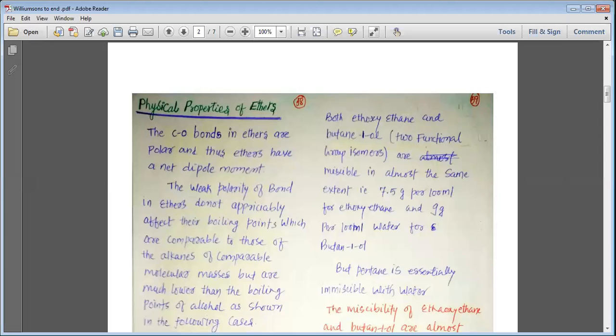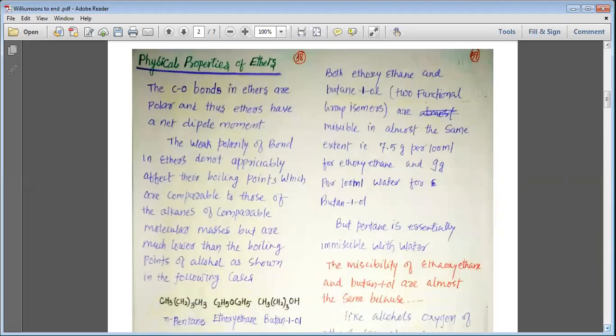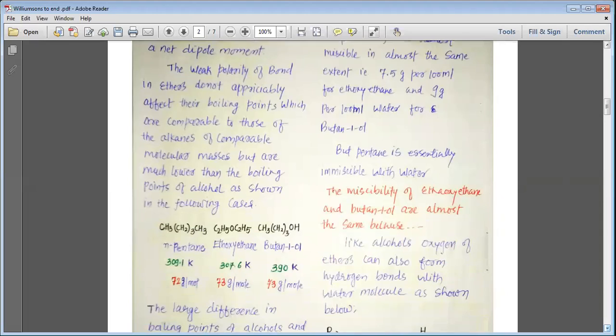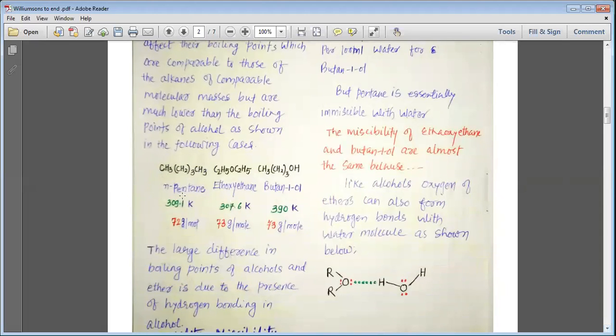You can see that we have studied about the physical properties, and we have observed the boiling point order for hydrocarbon, ether, and alcohol. We can easily understand that alcohol has the highest boiling point, then ether, and then hydrocarbon.